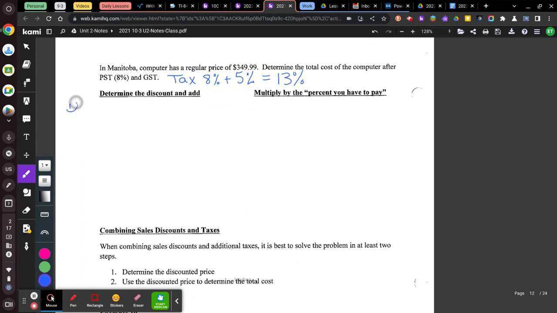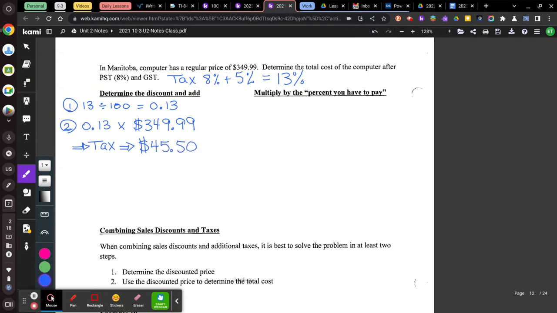So step 1 over here, I take my 13, divide by 100 to give me 0.13. Step 2, take my decimal, 0.13, times the money, $349.99. That's going to give me the tax. So my tax ends up being $45.50.